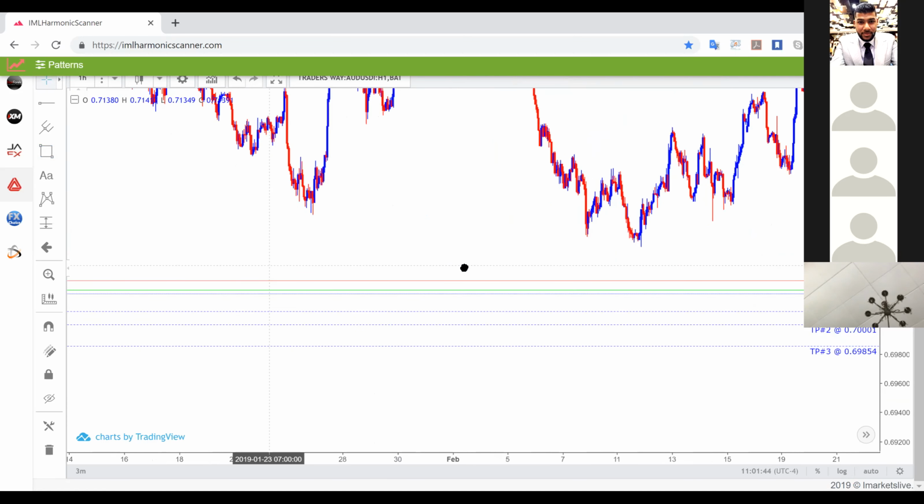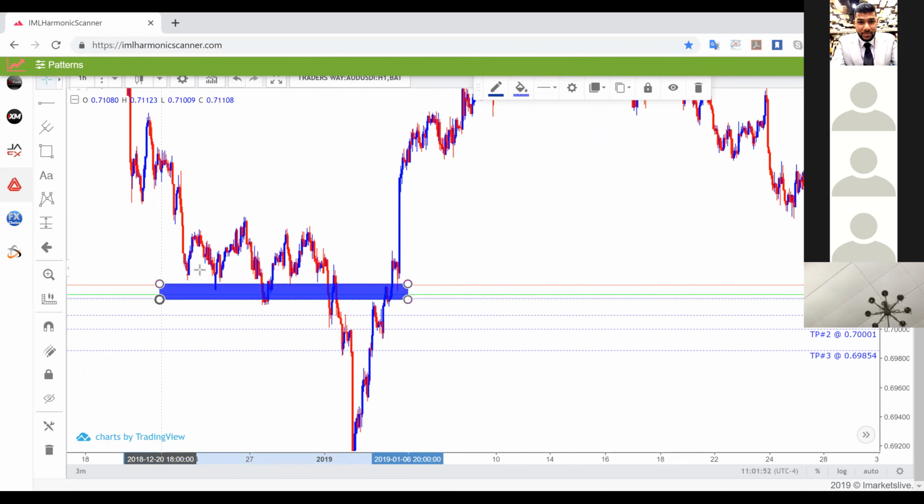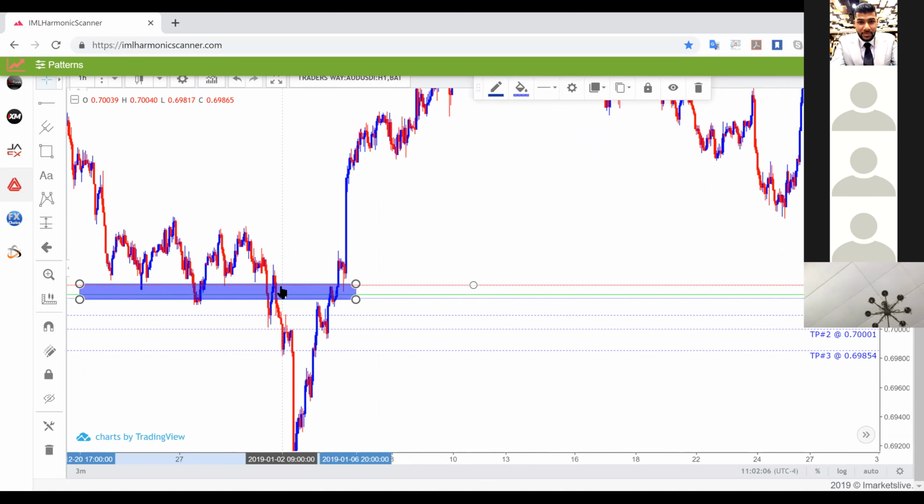If you go further back, you're going to see, hey, what do we have between the red and the green line? Pretty much the same thing, right? We have support, support, support, support. We have somewhat resistance. Nothing big to say, but there were some reversals at this area.